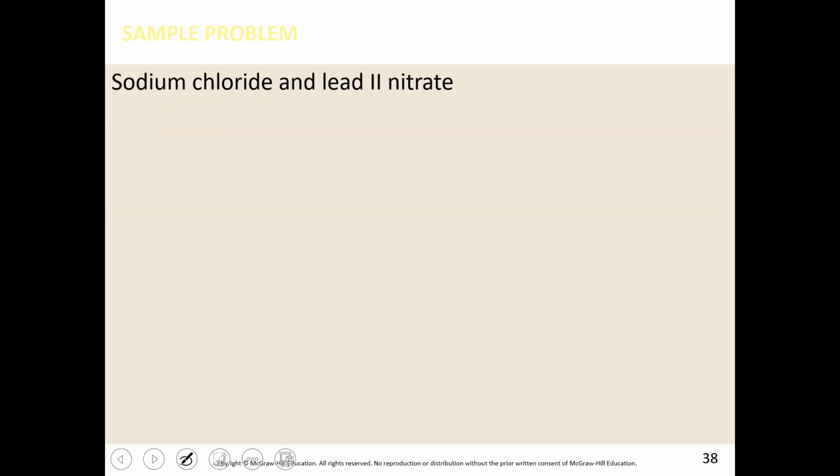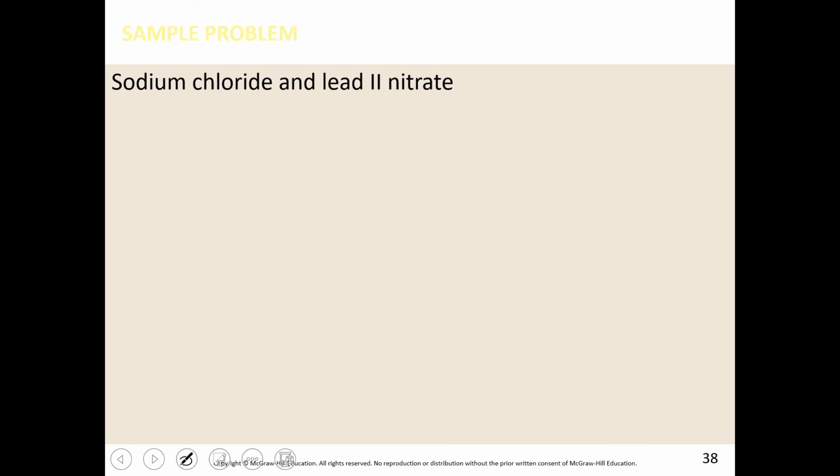So here's another example. And you're going to have problems like this where I'm going to tell you sodium chloride reacts with lead 2 nitrate, write, complete, and balance a net ionic equation. So what this means is you're going to have to be able to take the words and write the formulas from that, and then complete the chemical reactions.